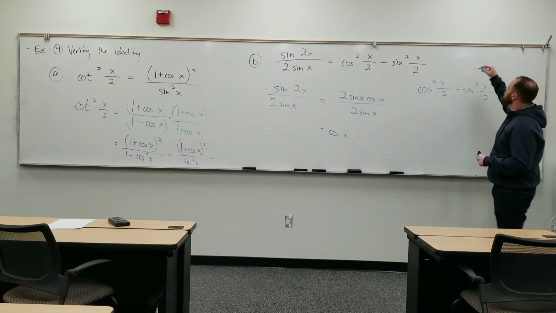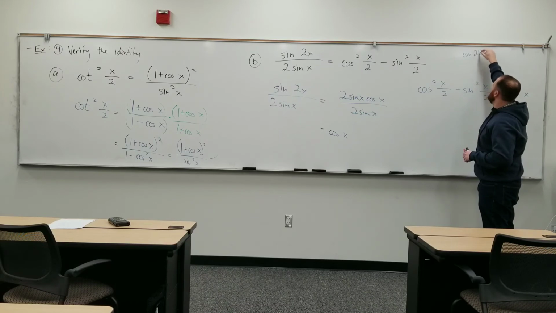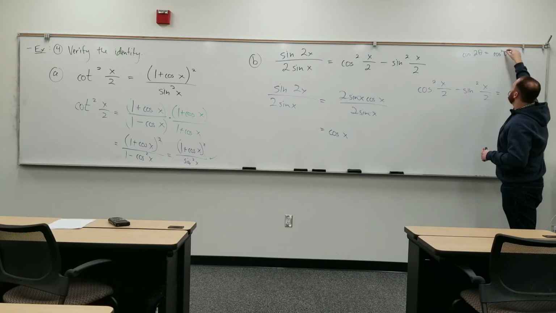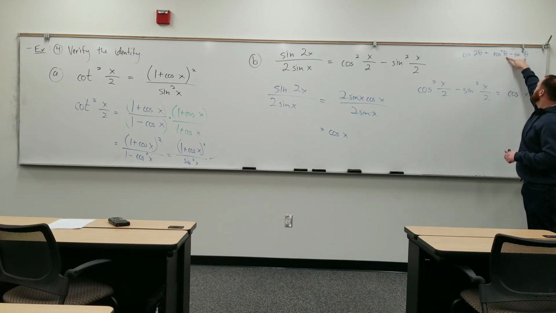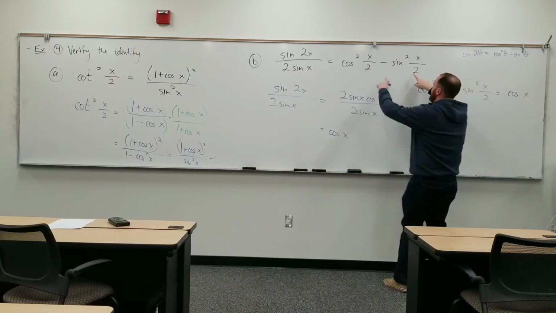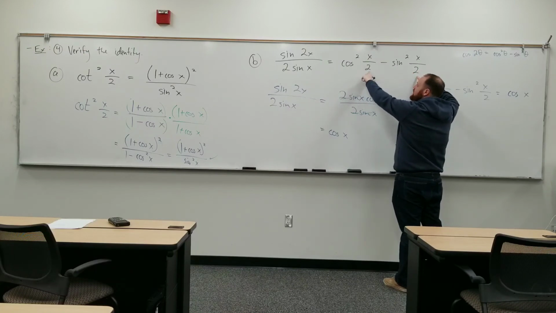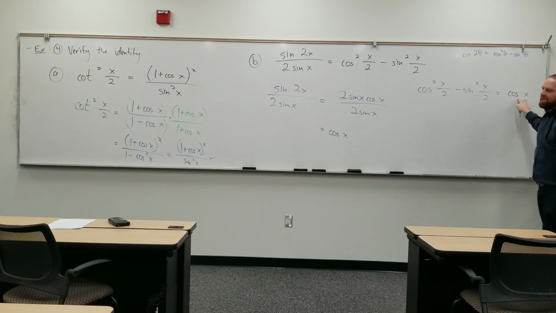Remember you have that double angle identity. One of the versions of cosine 2 theta is cosine squared theta minus sine squared theta. So these angles here get doubled, right? If I'm starting with cosine squared x over 2 and sine squared x over 2, and I double that angle, I just get cosine x.